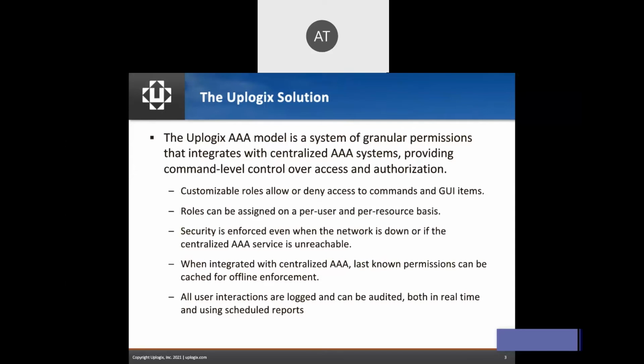And when we're talking about resources, that might be the whole local manager, and that might just be one port on the local manager. That's what we mean by resources there. So we can really refine exactly what each user can access and what commands they're allowed to run on the resources that they're allowed to access.